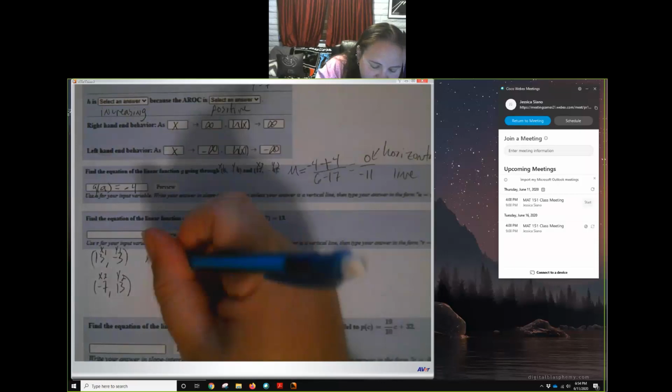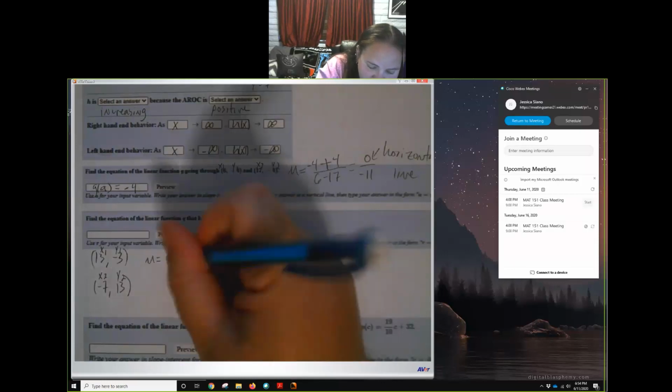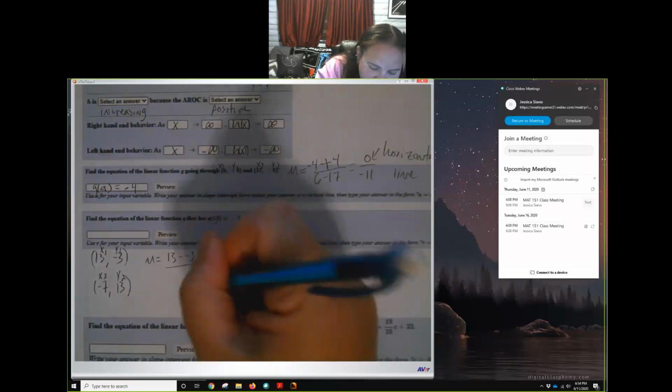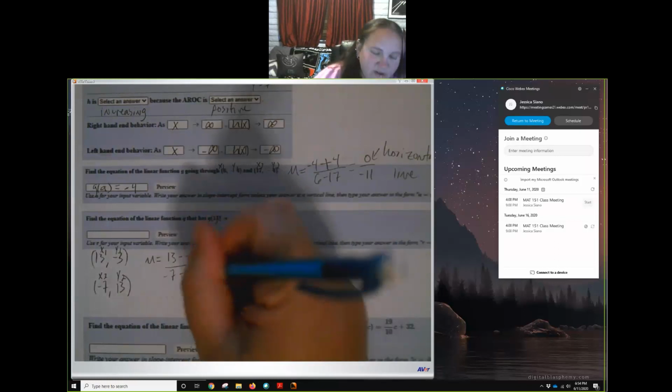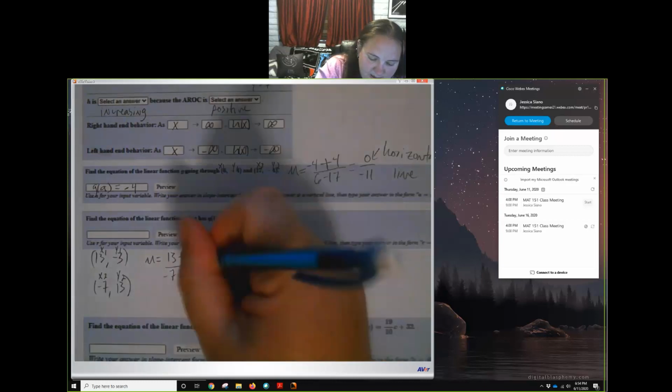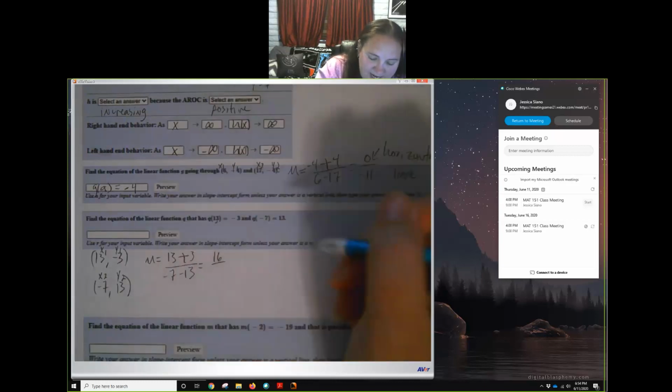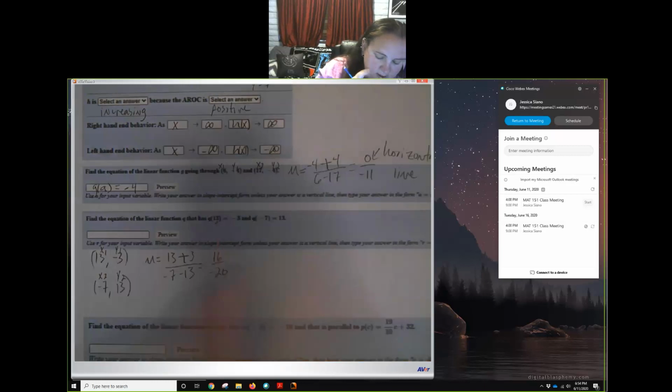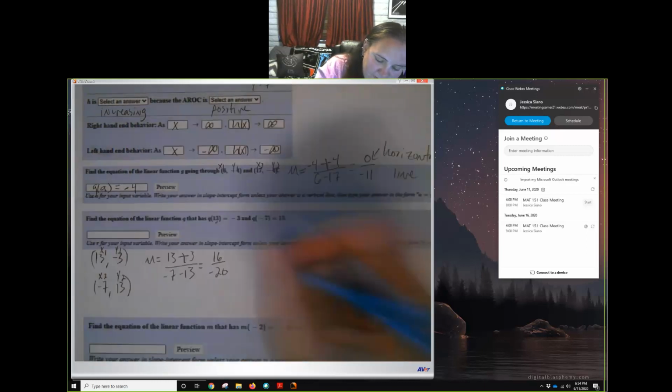So find the slope first. 13 minus -3 over -7 minus 13. That's going to be 16 over -20, which is -4/5.